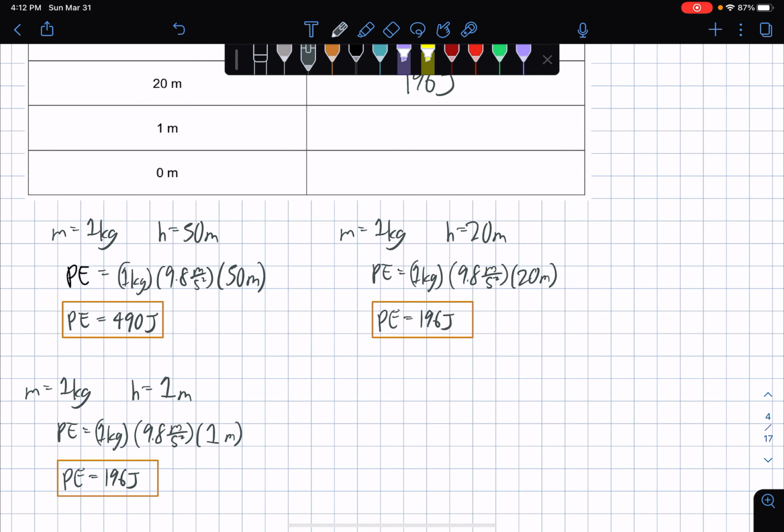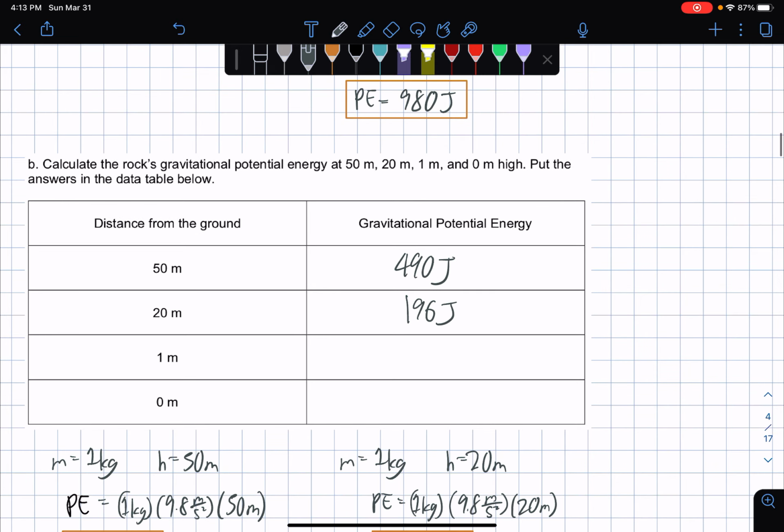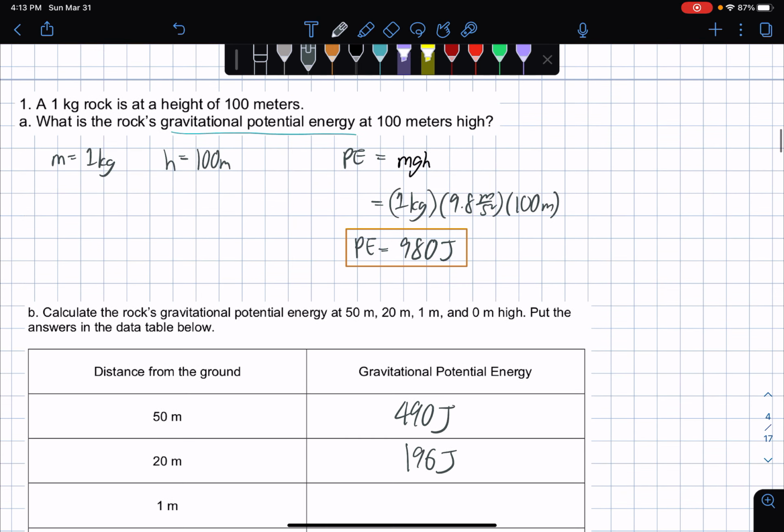But for the other values, I want to say this to you now. For PE, you're given a distance. That's the distance that you use. But for other values such as KE, you're given a total distance. For instance here, it's said to be 100 meters. So provided you're given a distance, you subtract it from the total.